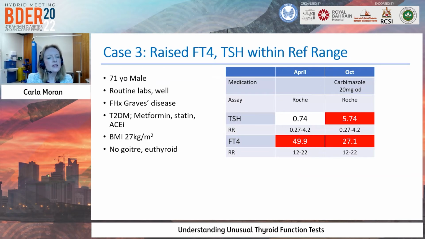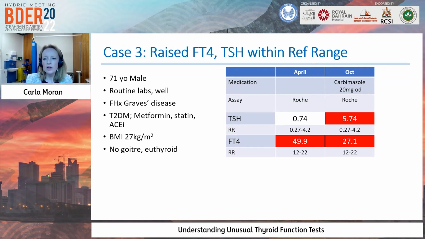So my third case is that of a 71-year-old man who had routine laboratory tests, and he was feeling well. He had a family history of Graves' disease, and he had a history of type 2 diabetes. He was on some medications for that. His BMI was a little raised, he had no goitre, and he was felt to be clinically euthyroid. So his TSH was within the reference range, but his T4 was elevated.